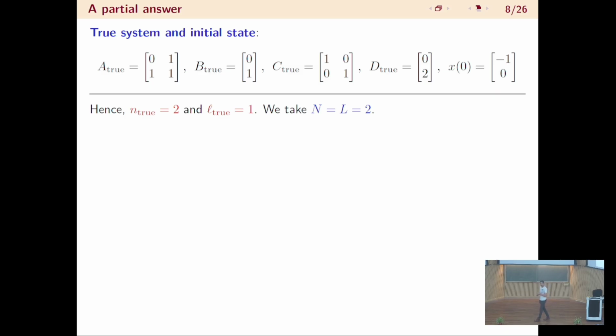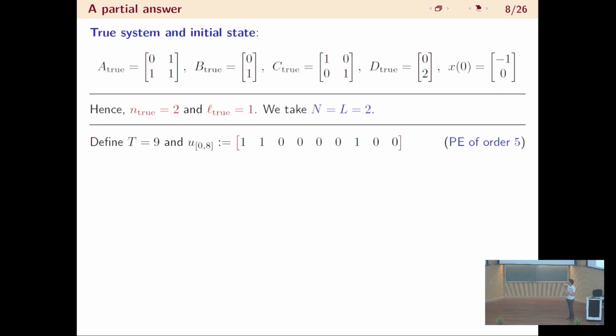Let's suppose that we have upper bounds on the true state space dimension and the true lag. And in this case, I take them both 2. So this would be a situation where you do not indeed have more information on the lag. Right, we just take this upper bound L to be equal to capital N. Okay, what do I have to do to follow this pipeline that I highlighted in the previous slide?